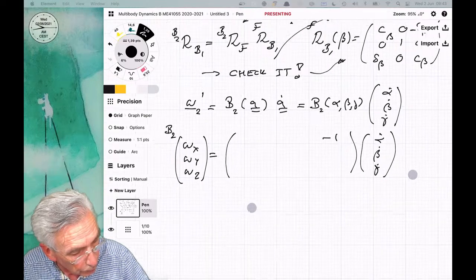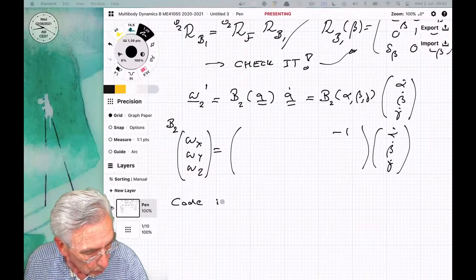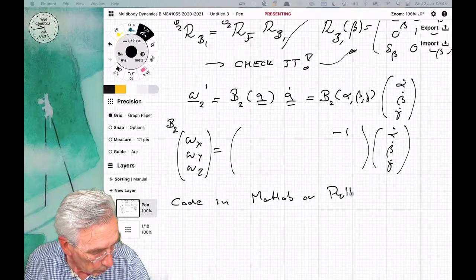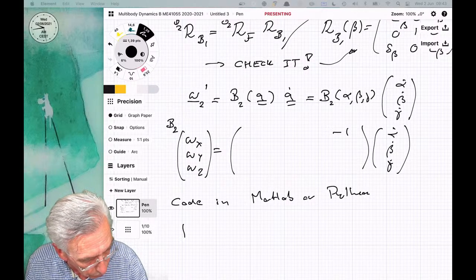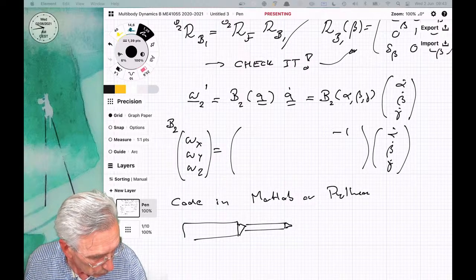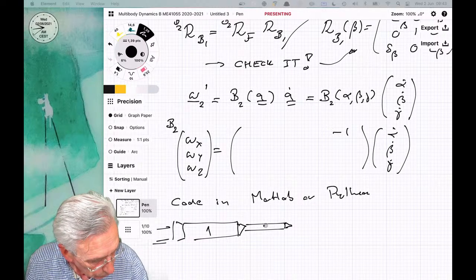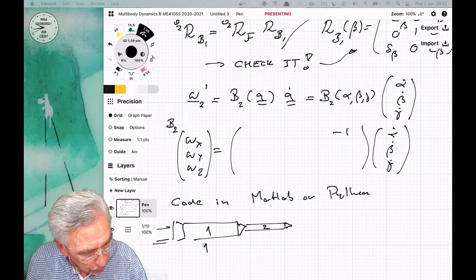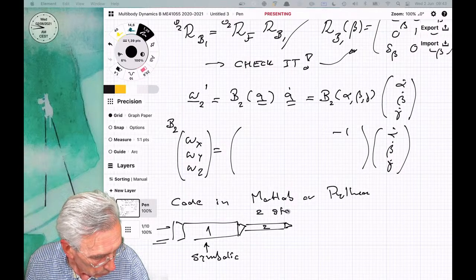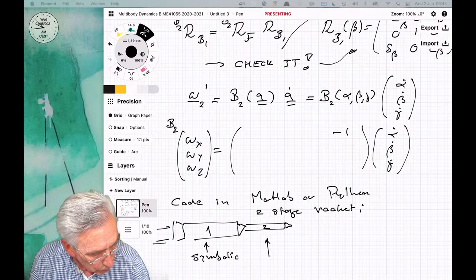Final word: if you code this in MATLAB or Python, then it's a two-stage rocket. So this is stage 1, and this is stage 2, and this is you. Stage 1 is symbolic. Stage 2 is numeric.